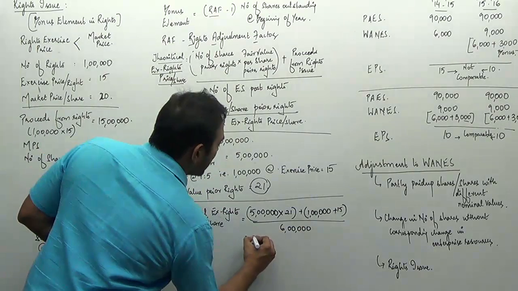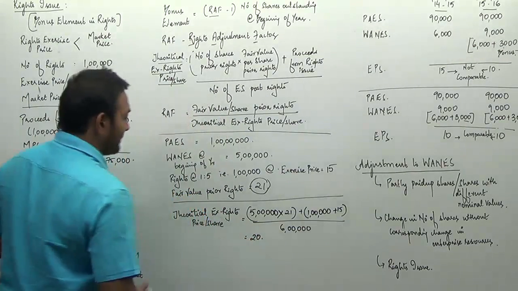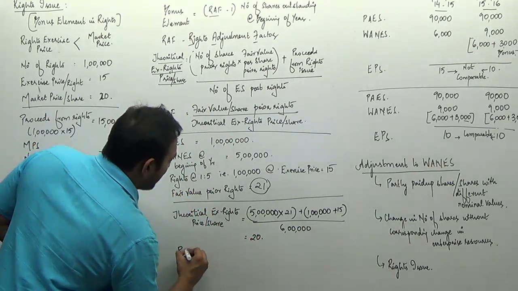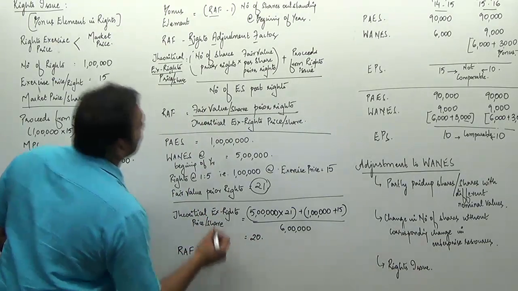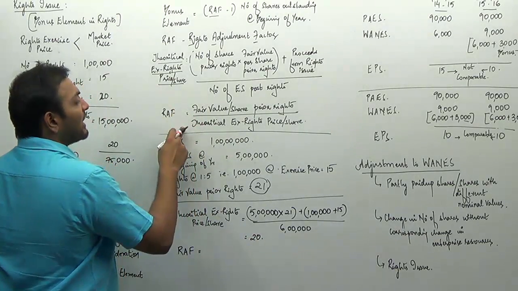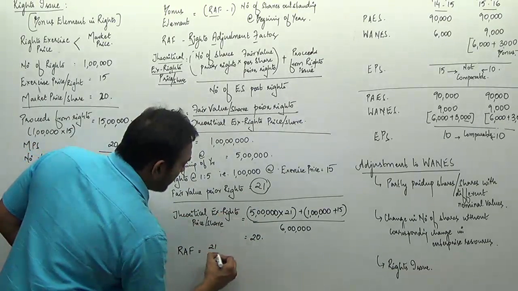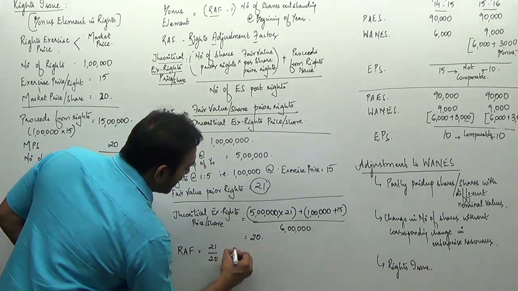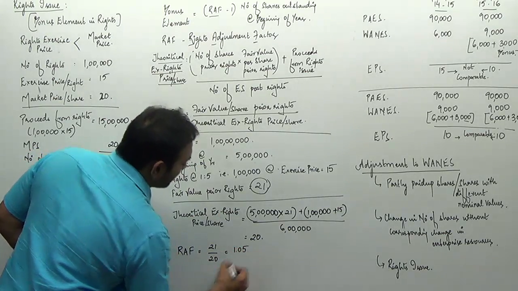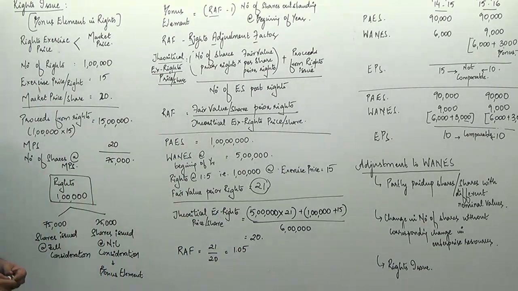Applying this formula, you get a theoretical ex-rights price of 20. If I put this into my RAF formula, fair value prior to rights, 21, divided by theoretical ex-rights price, 20, this is 1.05.